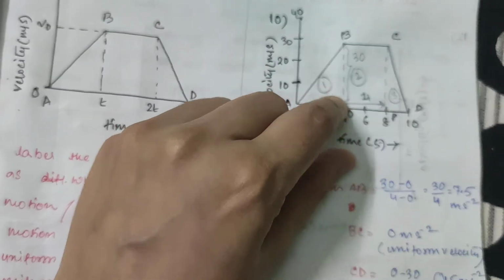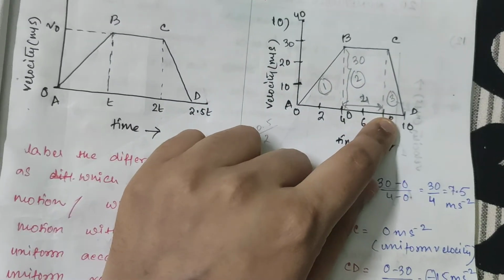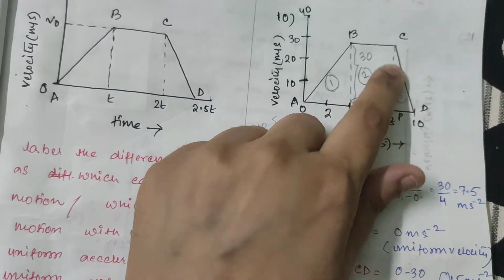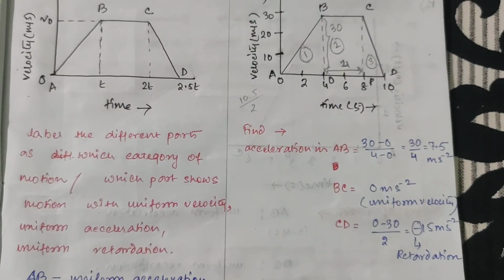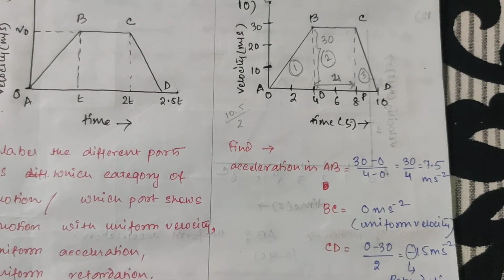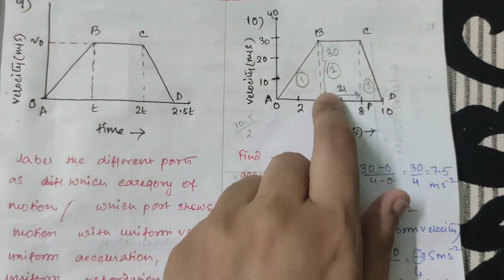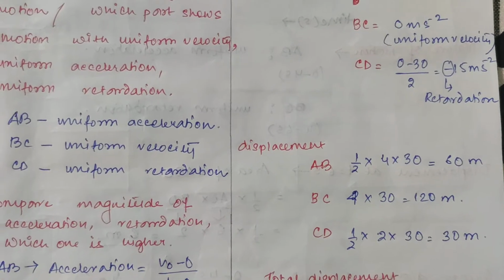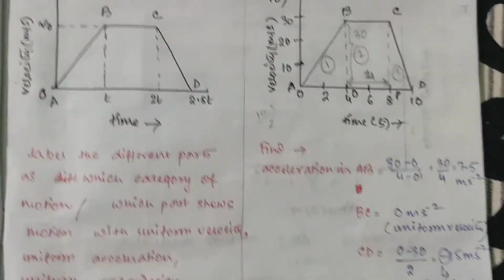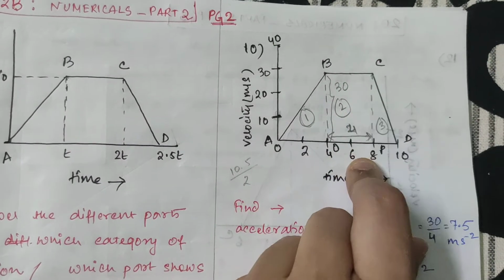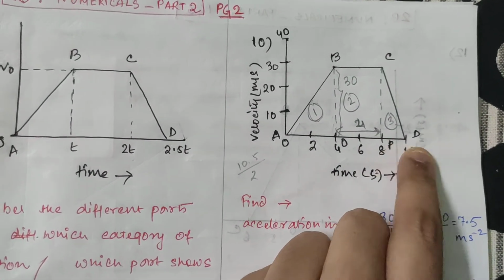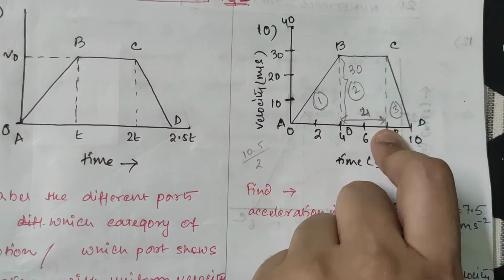So we drop perpendiculars just to mark the boundaries of the area, and you get a rectangle. Length into breadth, so simply 4 into 30, 120 meter. Then CD, again area of the triangle, half into base into height, so half into 10 minus 8 into 30.